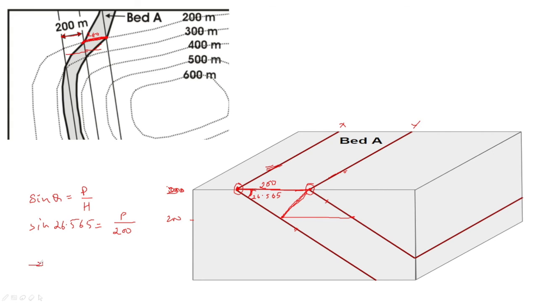Now this perpendicular or true thickness equals 200 into sine 26.565, which comes out to be 89.44 meters.